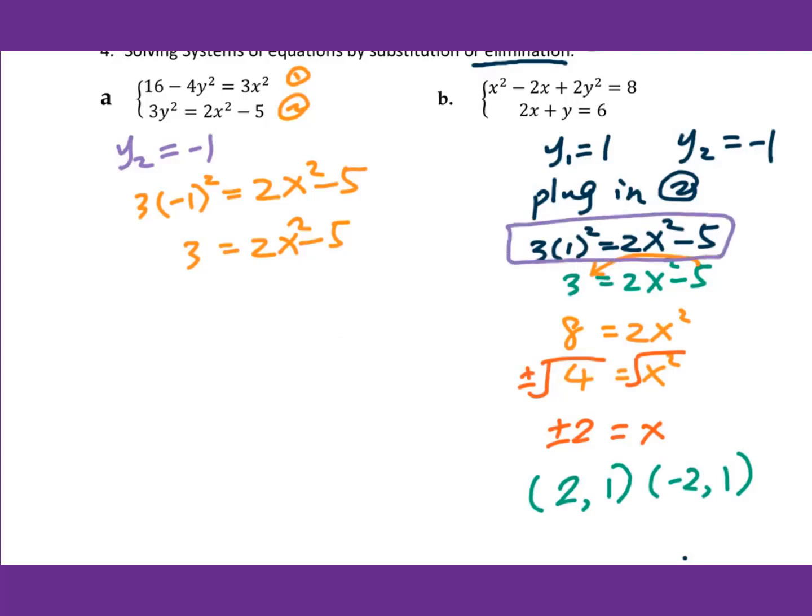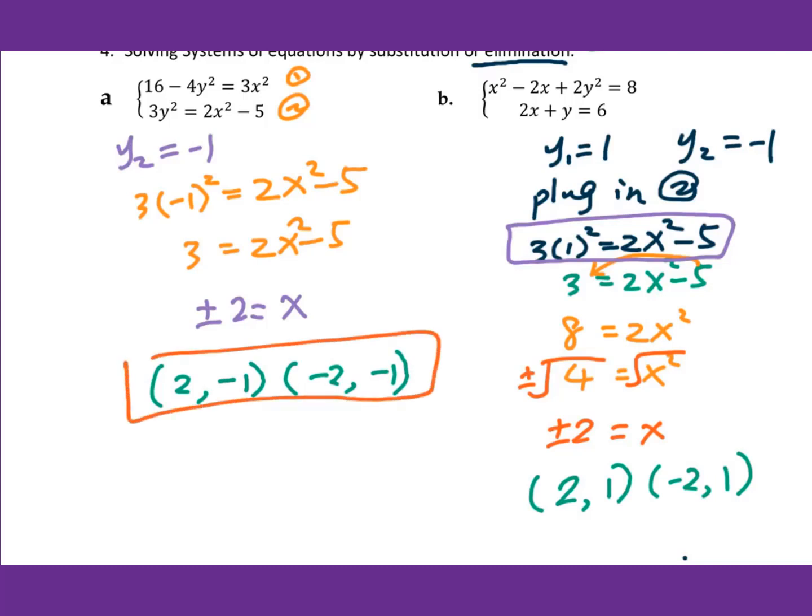Therefore, you will get x equals plus or minus 2. So the solutions will be (2, negative 1) and (negative 2, negative 1). So for this system of equations, we have 4 solutions.